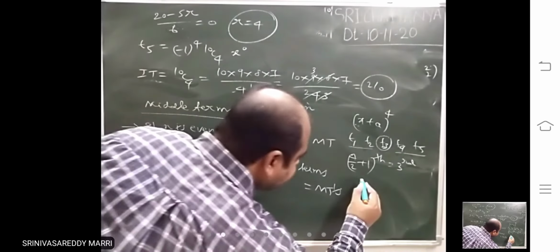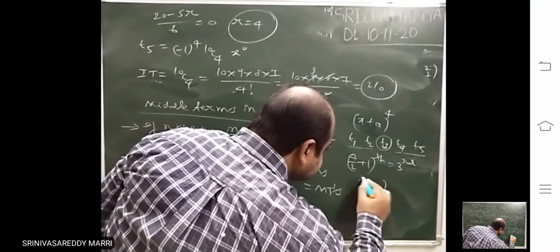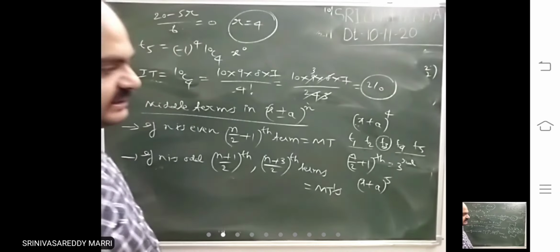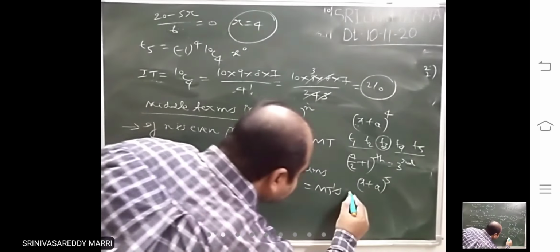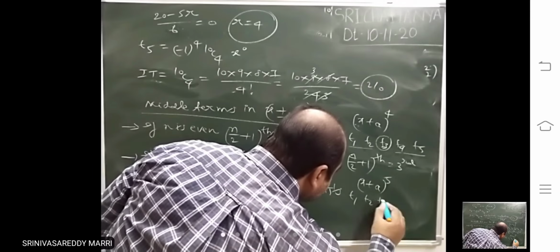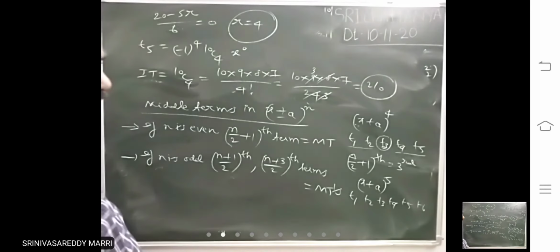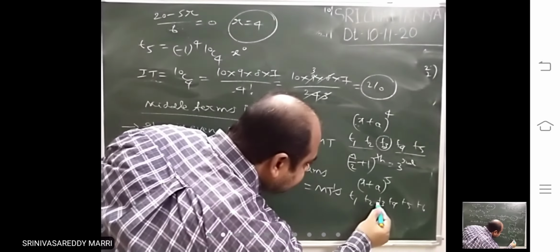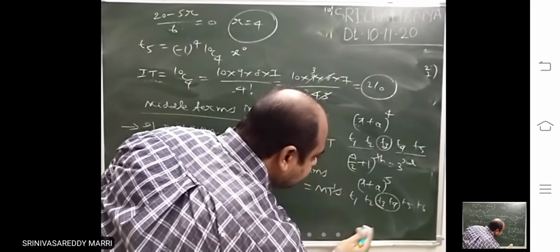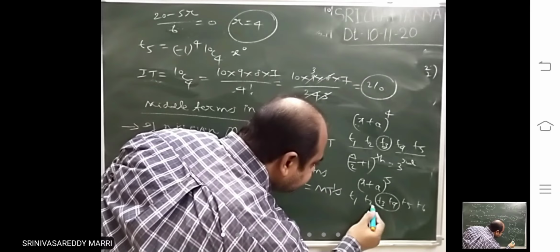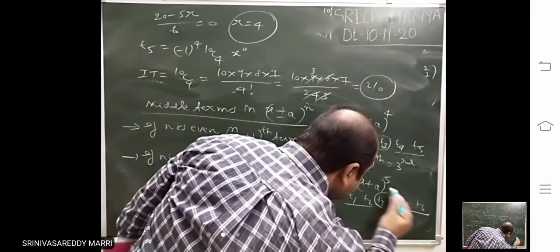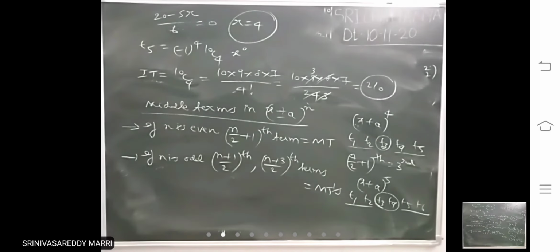Suppose you take an example, (x plus a) whole power 5 is there, n is odd, so how many terms will be there? T6. There won't be a single middle term. T3, T4, right? These two are the middle terms. This side two terms, this side two terms. Therefore, middle terms are T3 and T4. Two terms will be there.